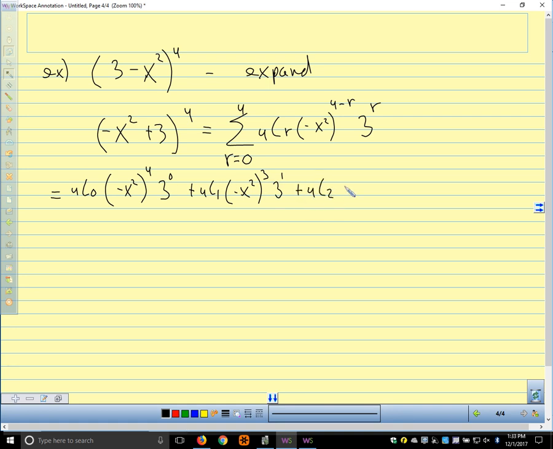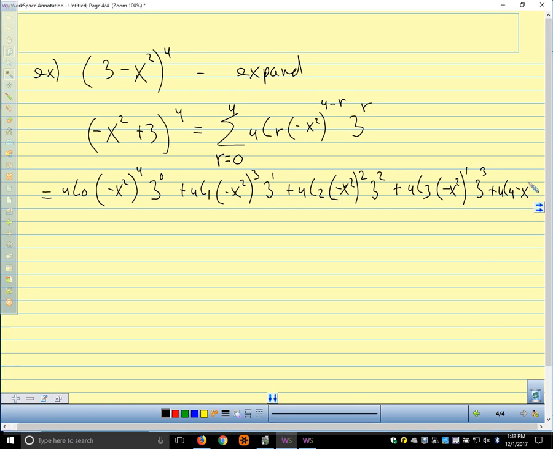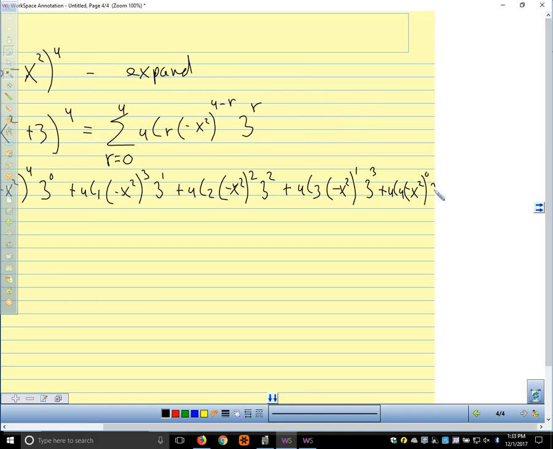Plus 4 choose 2, minus x squared squared, 3 squared. Plus 4 choose 3, minus x squared to the 1st, 3 to the 3rd. And then finally, plus 4 choose 4 times minus x squared to the 0, and we get a 3 to the 4th.